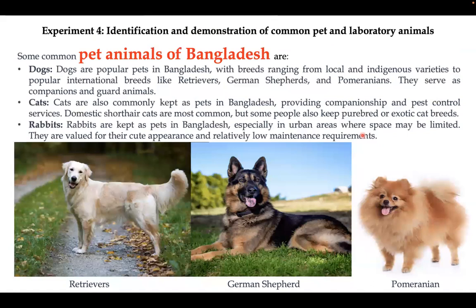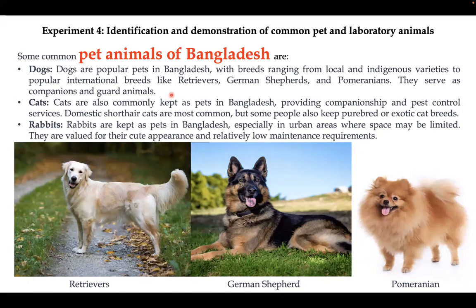Our next experiment is identification and demonstration of common pet and laboratory animals. You know that nowadays in Bangladesh the tendency to keep pet animals has increased, especially with increased income and urbanization.